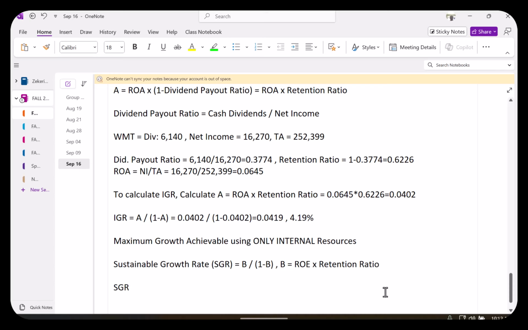And SGR is max growth achievable provided that equity ratio remains constant.